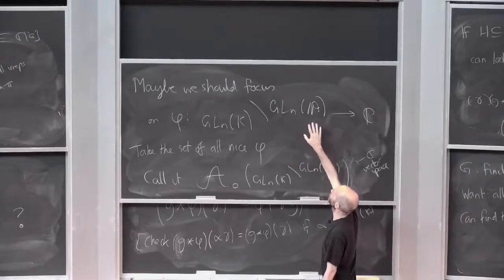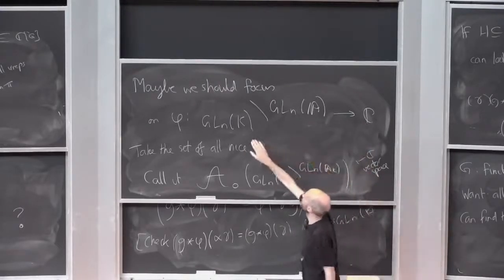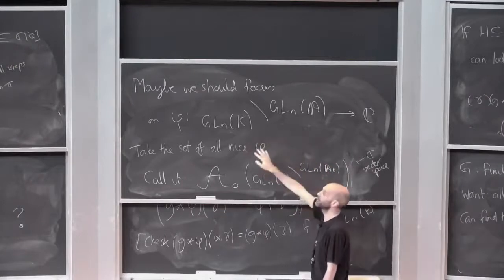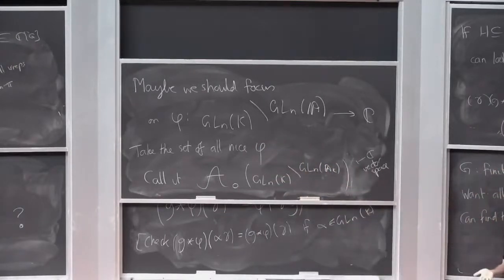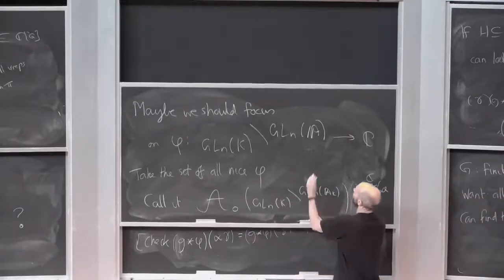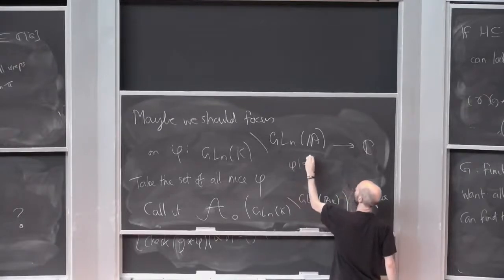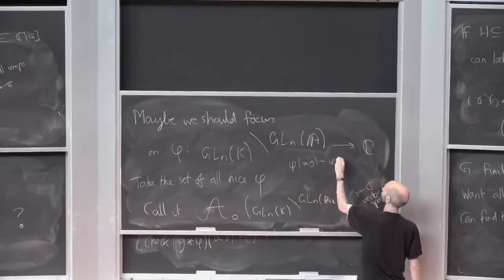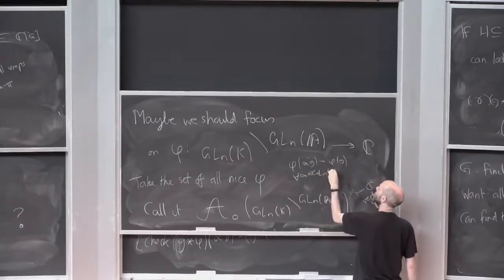If I've got a function on GLN of A mod GLN of K to C, think of that as a space of cosets, and you can imagine phi as a function on the cosets. That's one way of thinking about phi, but another way of thinking about phi is just a function on all of the Adeles with the property that phi of alpha g is phi of g, for all alpha in GLN of K. Okay?